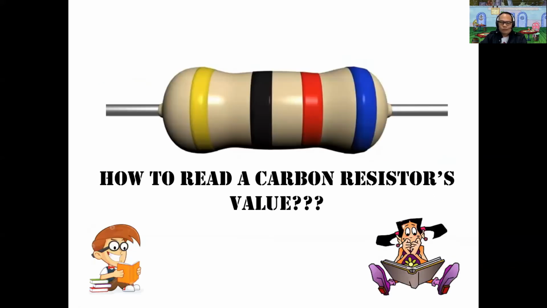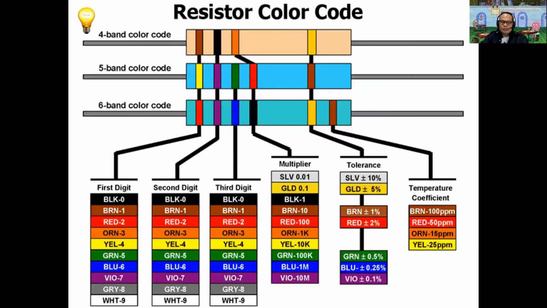Okay, moving on. How to read a carbon resistor's value. Now this is the time we're going to read a carbon resistor's value. This is a carbon resistor and we have these colorful strips. We need to know what these strips are so that we will know how to read them visually and then use mathematics to calculate the value.